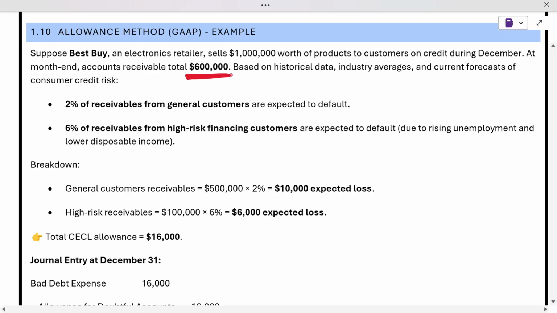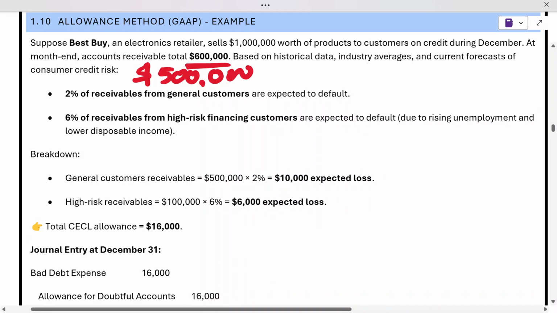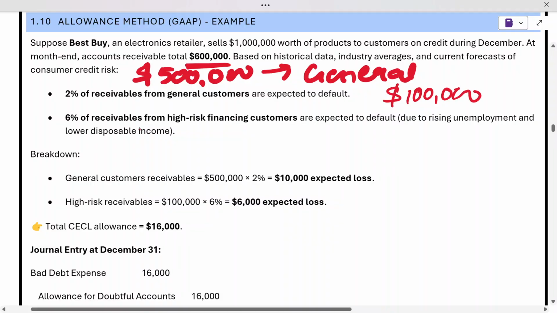Out of this $600,000, $500,000 belongs to the general category, and the remaining $100,000 belongs to the high risk financing customers category.